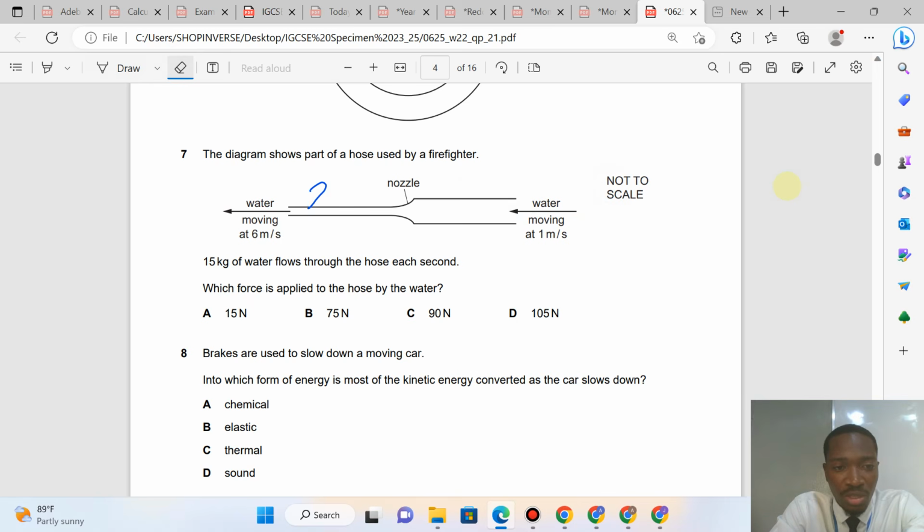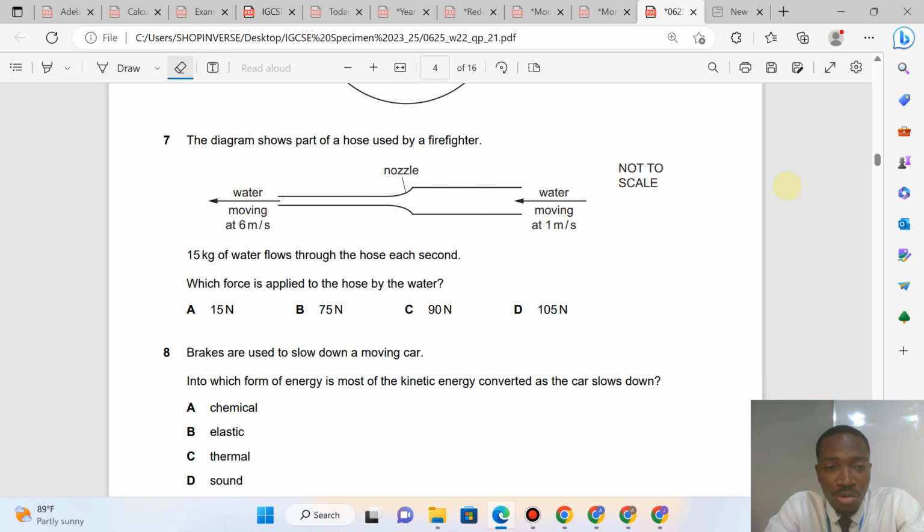Let's read the question. 15 kilogram of water flows through the hose each second. Which force is applied to the hose by the water? You know, force is equal to mass multiplied by acceleration.